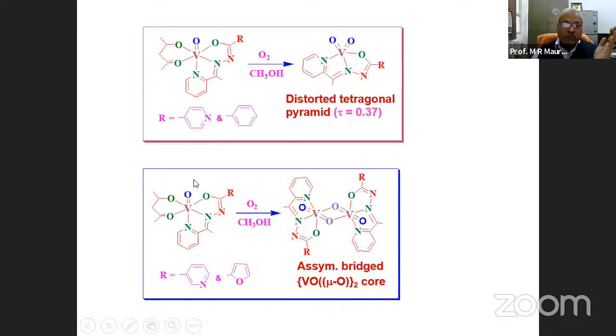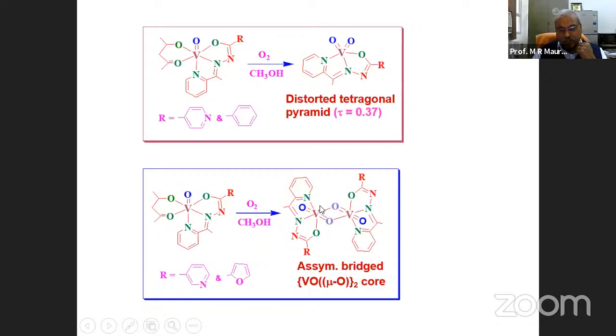Okay, but in the other case, where this R is like isonicotinamide, with the nitrogen at the para position and the benzene ring, you could get a mononuclear species after crystallization. But in this case, where you have the meta position and the furan group, you could get this kind of compound. But the thing is that these two compounds, when dissolved in solution, behave as monomeric species.